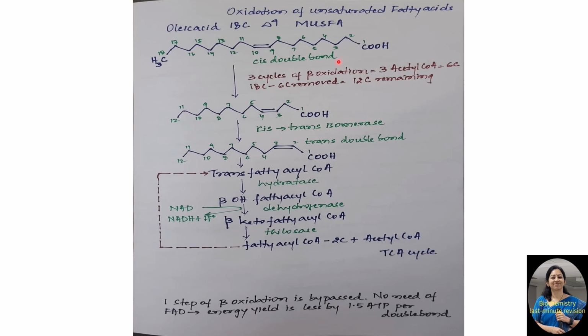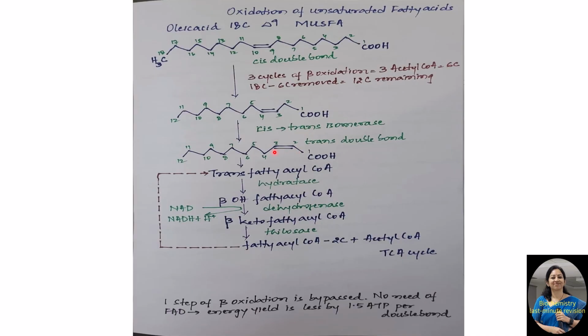Now the beta oxidation continues until it reaches the double bond. Double bond fatty acids are naturally occurring fatty acids, but metabolism involves a trans double bond. So there occurs isomerization from cis to trans double bond.